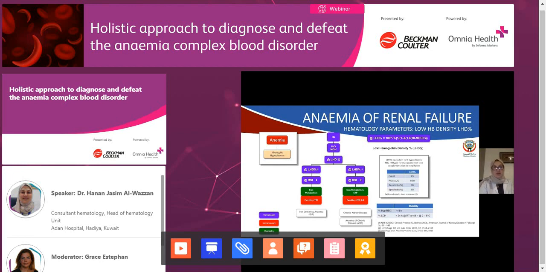If the red size factor is low, then we'll do the iron profile, including ferritin and serum transferrin receptor. If the serum transferrin receptor is high, it is anemia of iron deficiency. If the low hemoglobin density is low and the red size factor is normal or high, it could be anemia of chronic kidney disease or anemia of chronic inflammation.